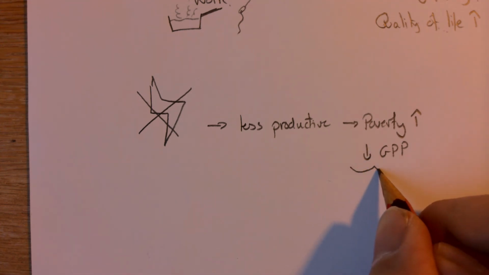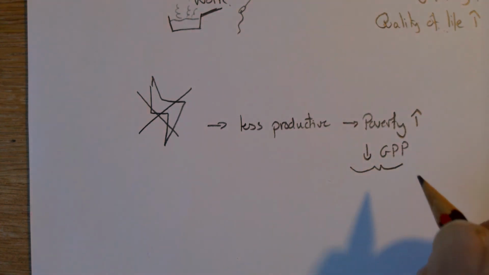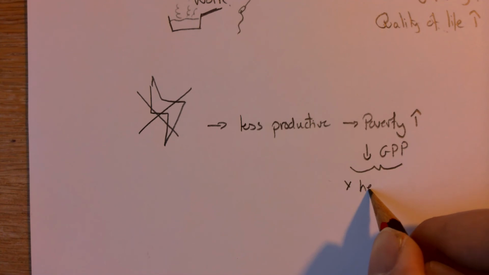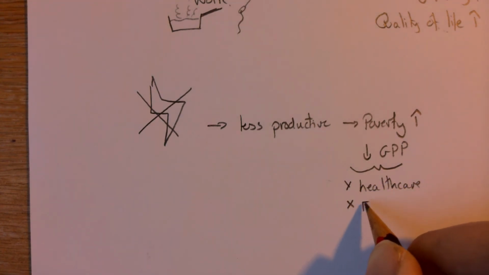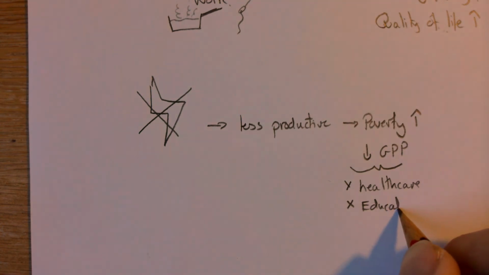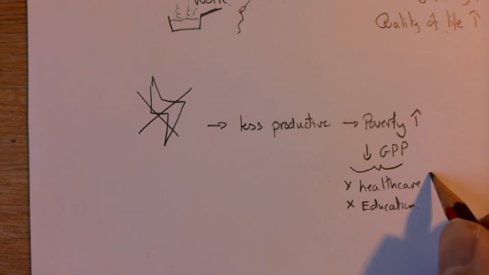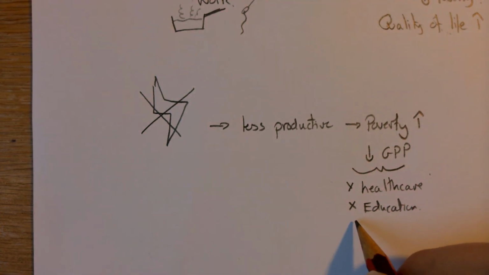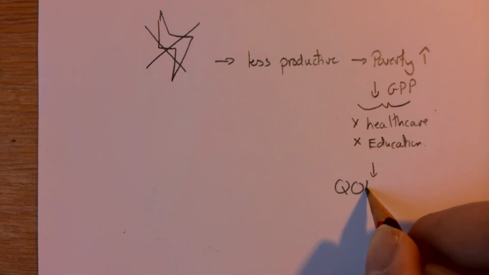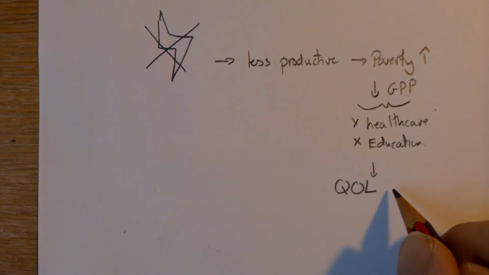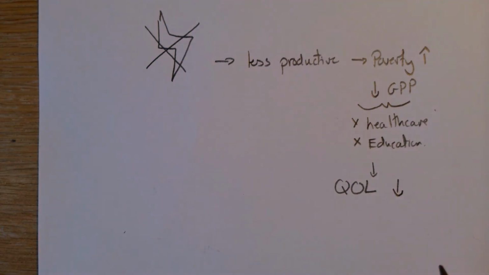And that, with less money, the country can't invest as much in healthcare or in education. And so the quality of life, I'm going to abbreviate this to QOL, quality of life also decreases for the citizens of the country.